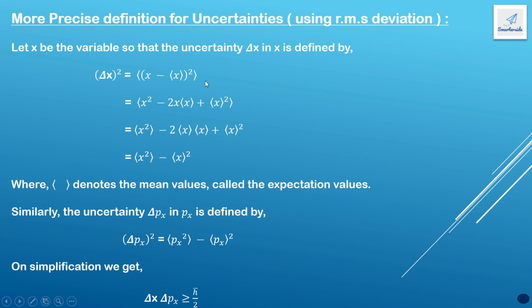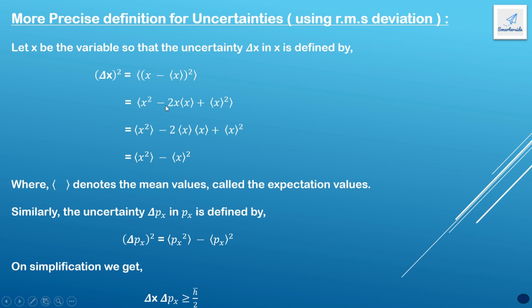So it is the expectation value of x minus expectation value of x, whole square. Here you have to see it in the form of a minus b whole square, so we can just expand it. These brackets will remain as they are, and we are just expanding the inside terms.